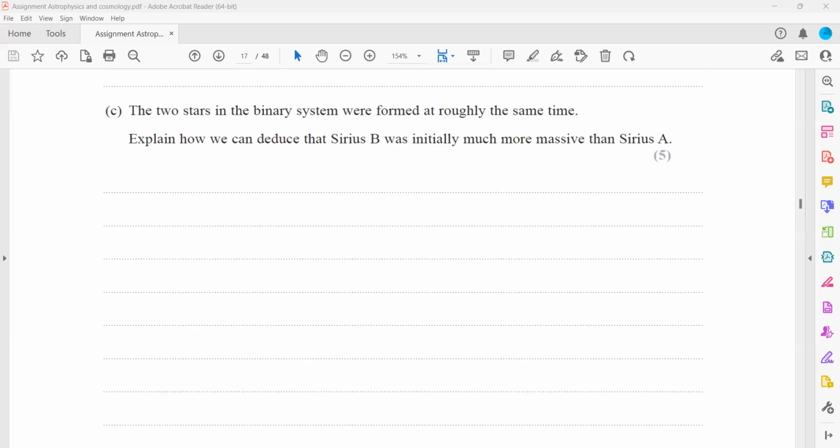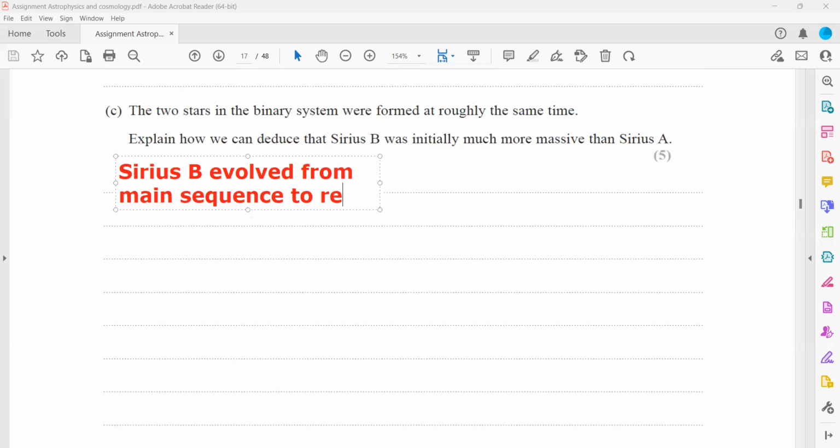So we have to relate these. First, Sirius B, according to the question, has already evolved from main sequence to red giant to the white dwarf.